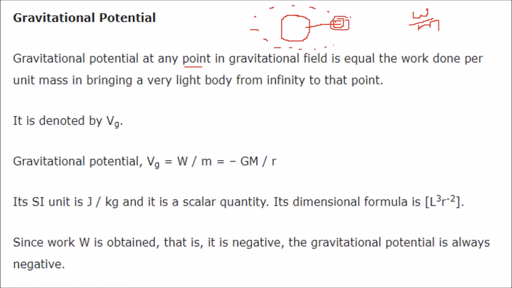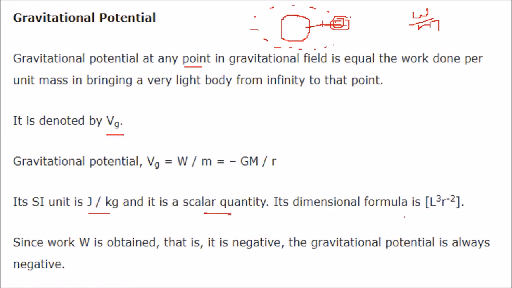It is denoted by Vg. Vg is given by W by m, which is eventually minus G into M by r. The SI unit is joule per kg, and it is a scalar quantity.